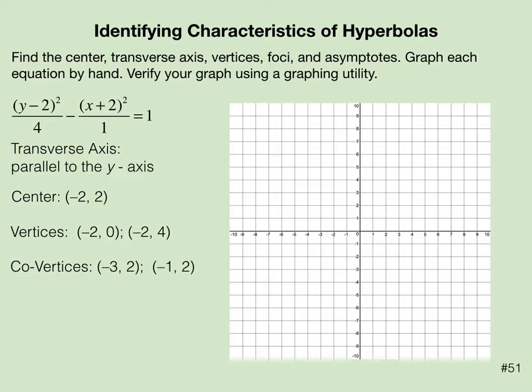Co-vertices are here, and the foci coordinates are here. So we definitely want to start by plotting our center, our 2 vertices, and our 2 co-vertices. Personally, I like to draw the box around these points, and I like to draw the diagonals because these are going to be my asymptotes.